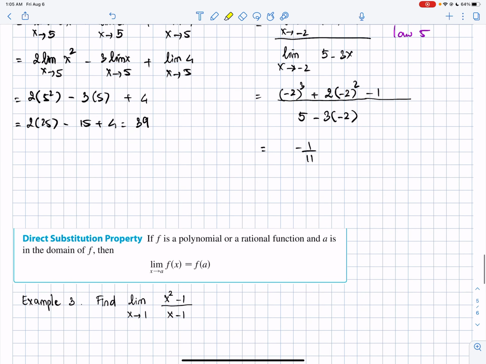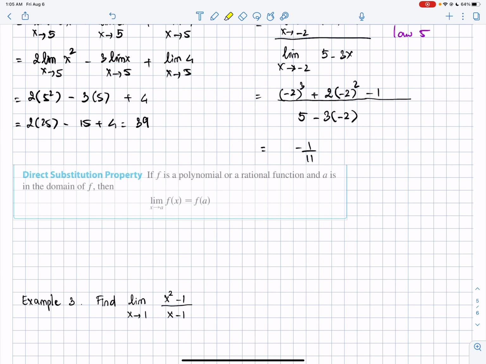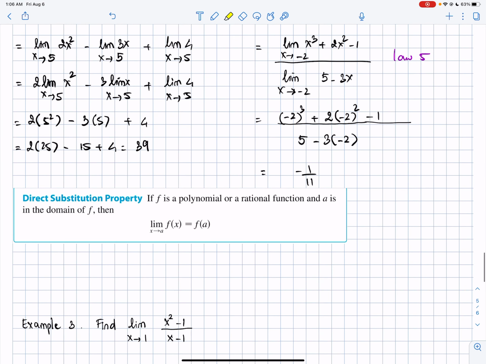So we have the property below: when we want to find the limit of f of x, where f of x is a polynomial or a rational function, we just go ahead and plug a into the function f of x to calculate the limit as x approaches a.